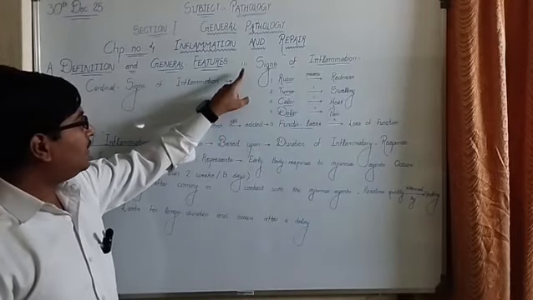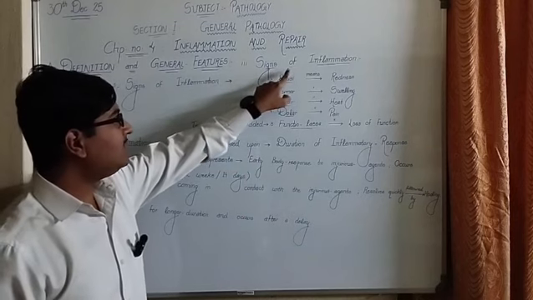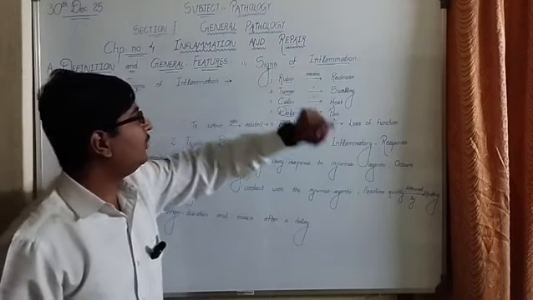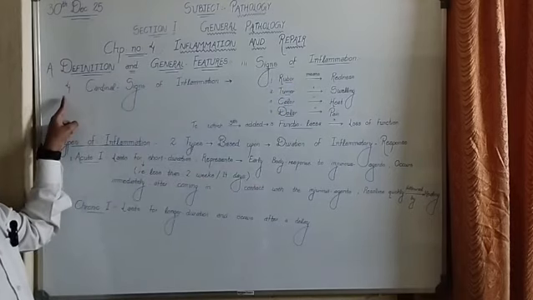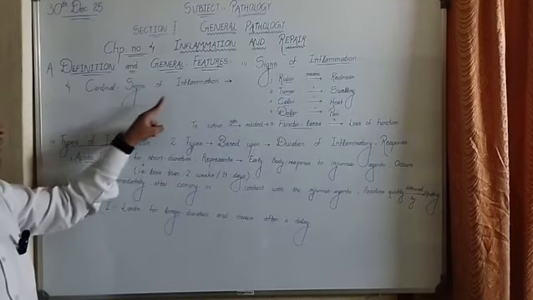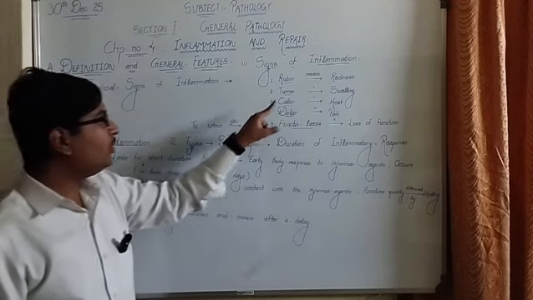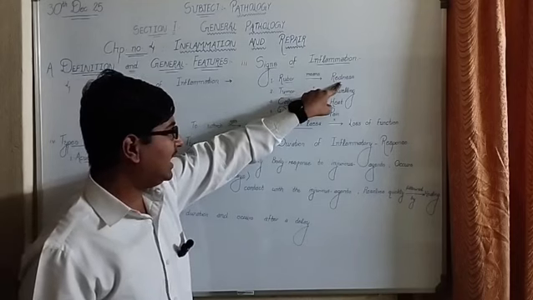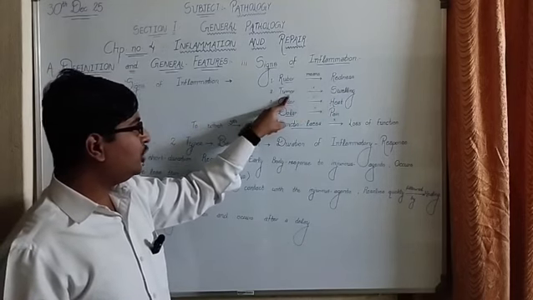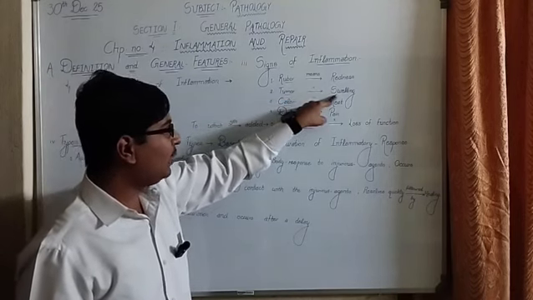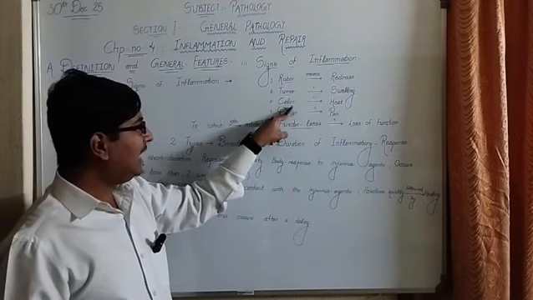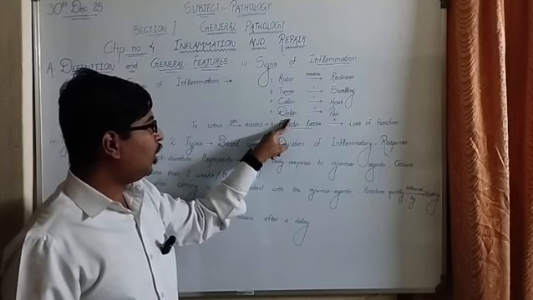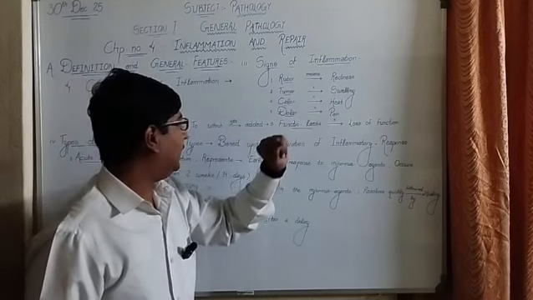Now moving on to the third point, which is signs of inflammation. Basically there are four cardinal signs of inflammation, and those are: first, rubor, which means redness; second, tumor, which means swelling; third, calor, which means heat; and fourth, dolor, which means pain.